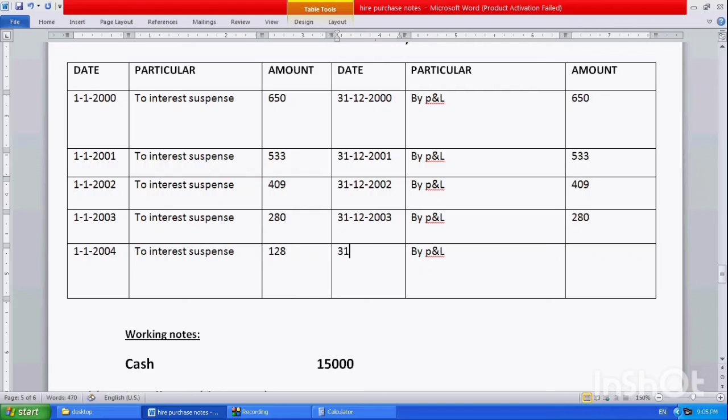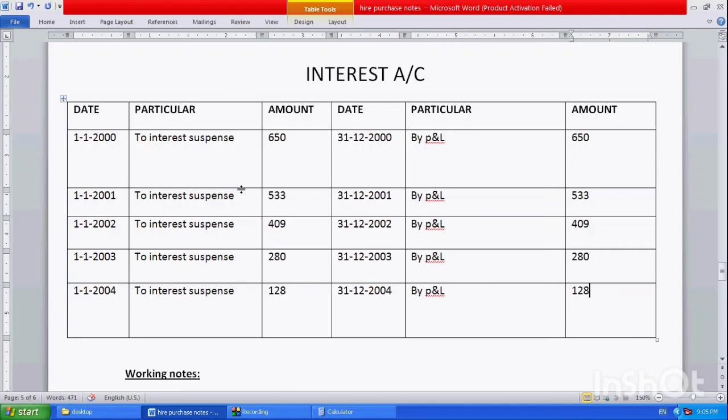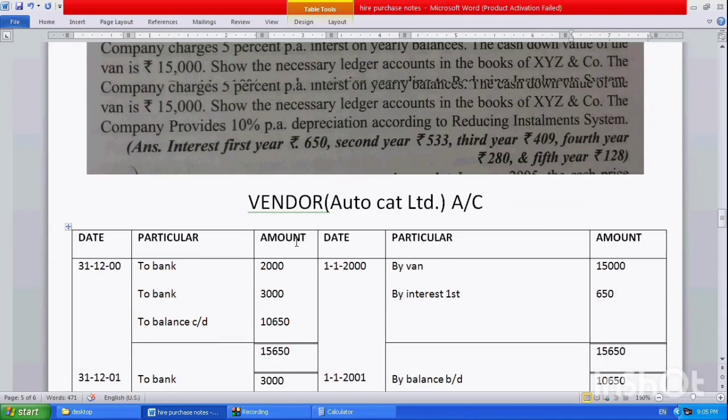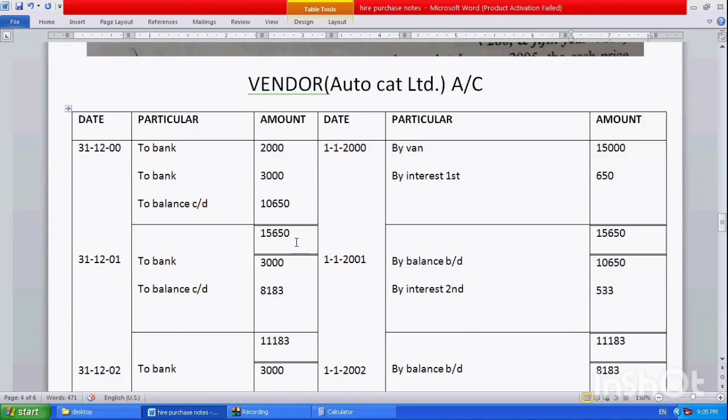Now the last, 1st January 2004, to interest suspense account 128, 31st December 2004, by P&L 128. This is the way we have to prepare the interest account because 5 years are completed.